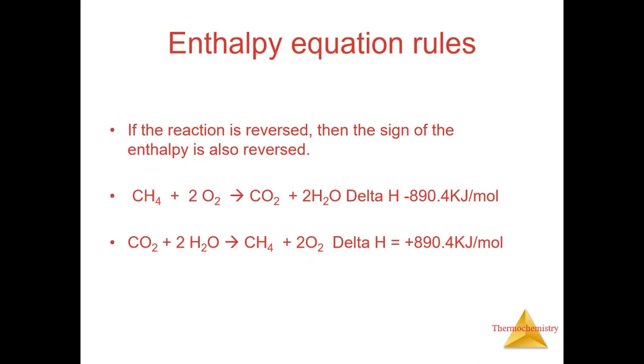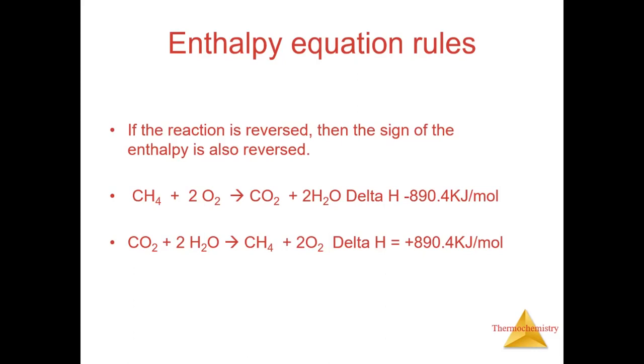Another important rule. If I reverse my reaction, then the sign of my enthalpy is going to be reversed. So what I mean by that is, if I take CO2 and I put in 2 moles of H2O, and I want to make out of that methane and 2 moles of oxygen, that reaction can be done.